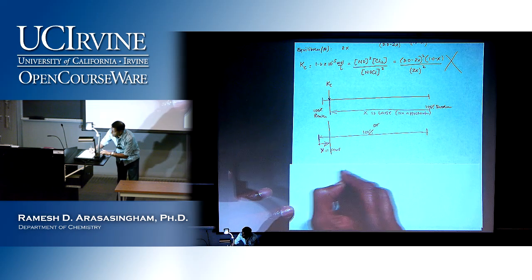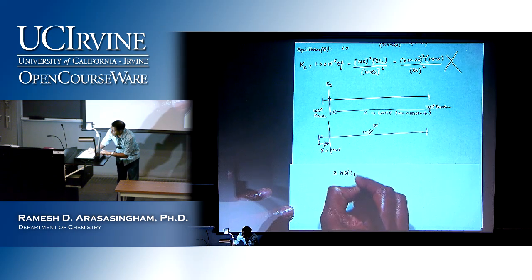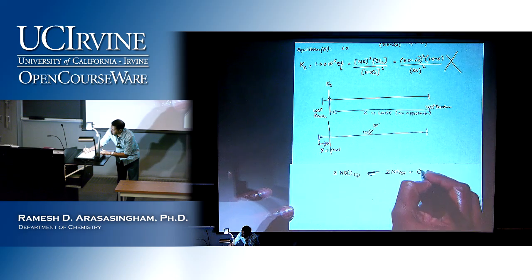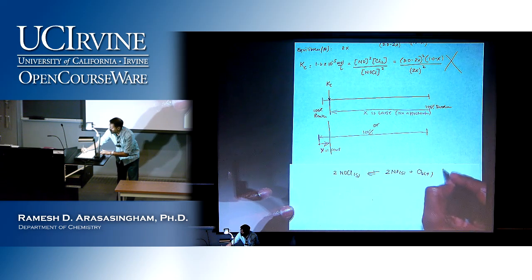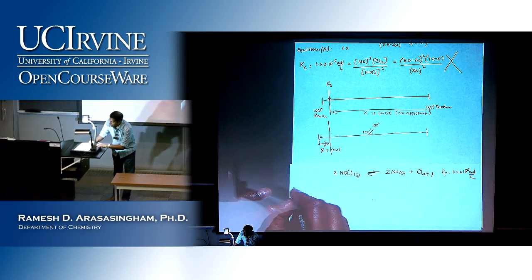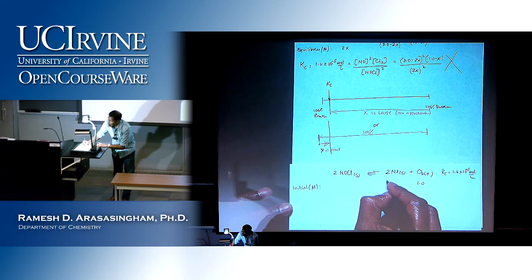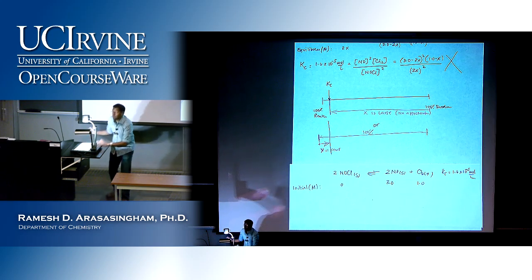So I'm going to start with 2 NOCl gas, giving me 2 NO gas plus Cl2 gas. Kc is 1.6 times 10 to the negative 5 moles per liter. So I'm going to start with my initial. To begin with, what I have is 1 and 3 and 0.